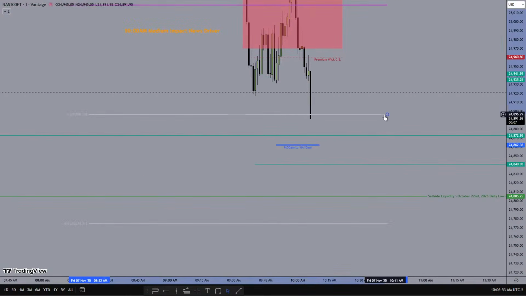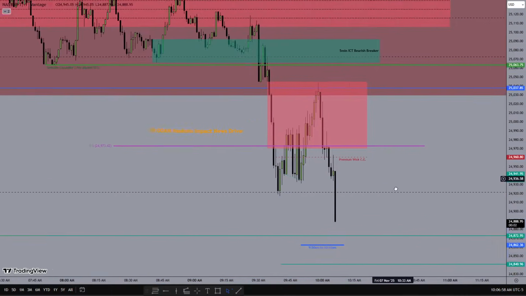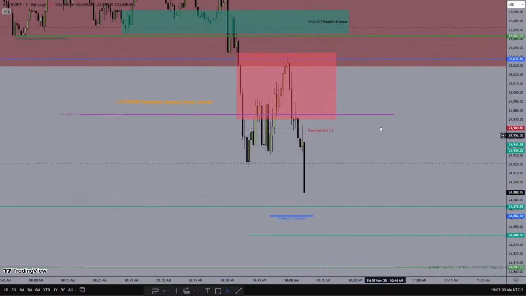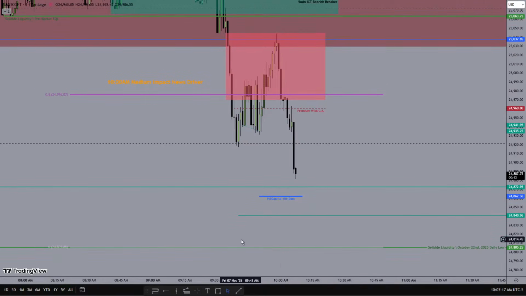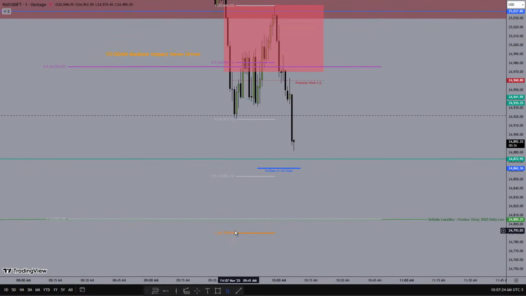So this is still our range. So now this becomes the fulcrum point, so this is also an objective to hit.